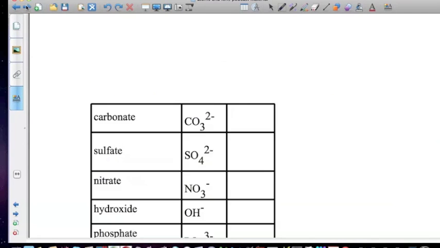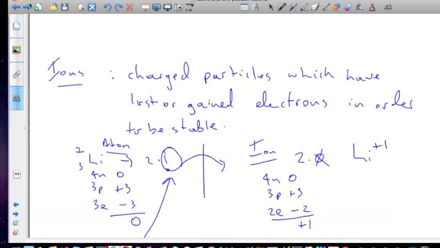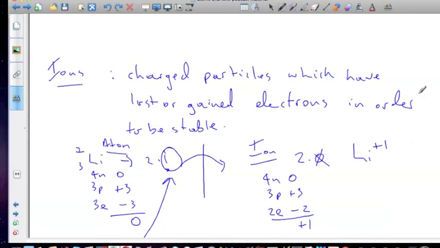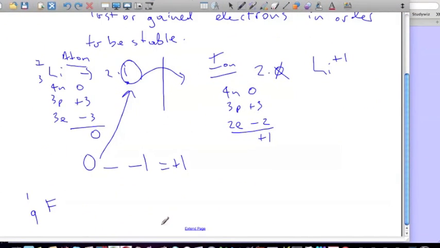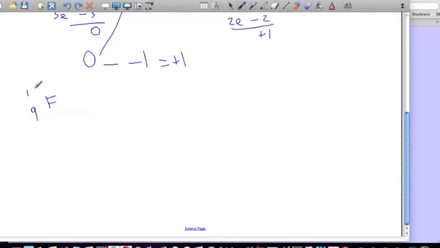Yeah, so fluorine's mass number 19, atomic number 9. So it's got 9 protons, 10 neutrons, and it's got 9 electrons.